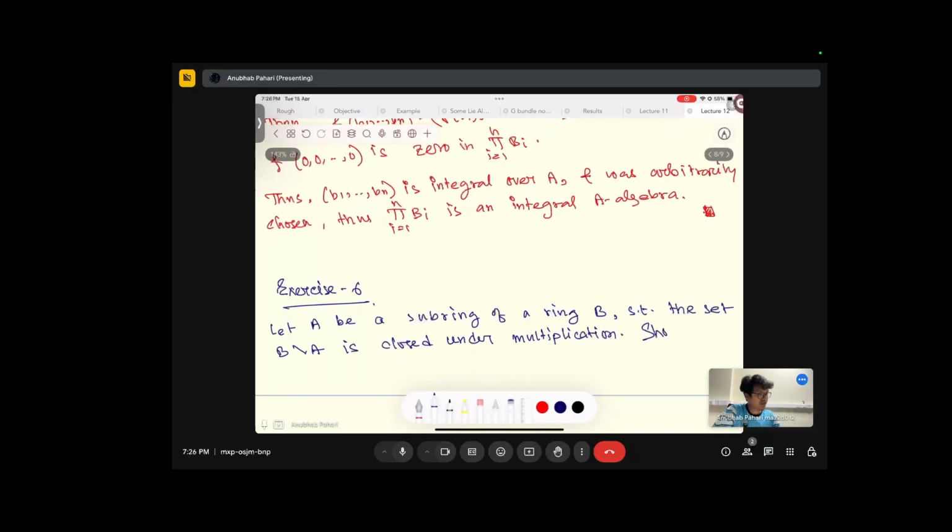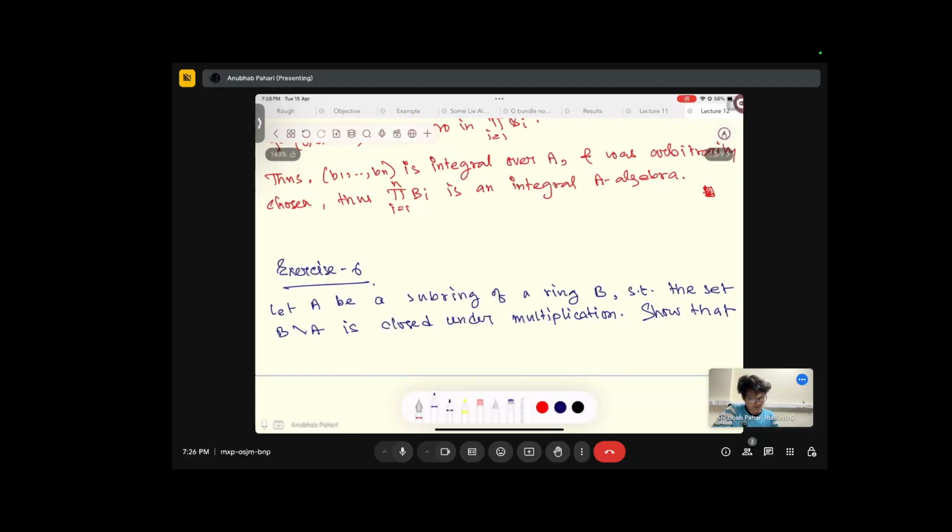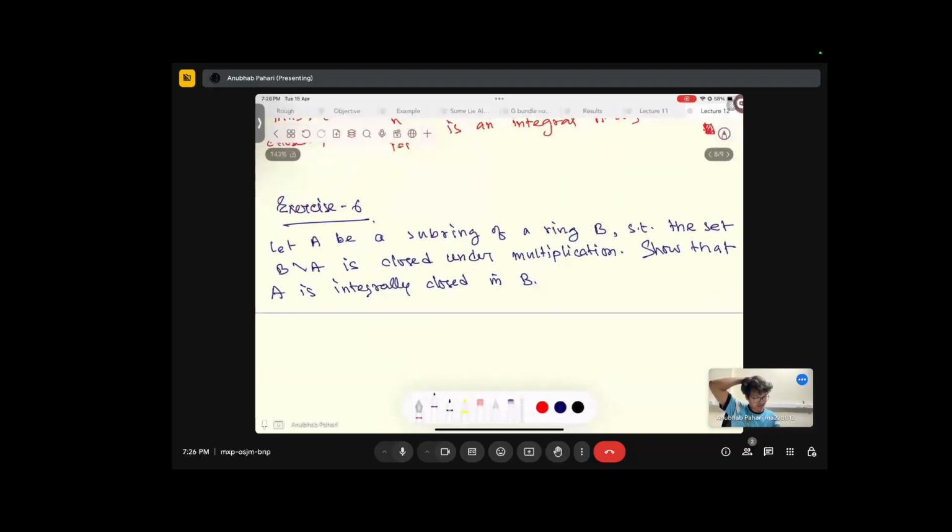So that A is integrally closed in B. So yeah, try this for 5 minutes and then we'll be starting.